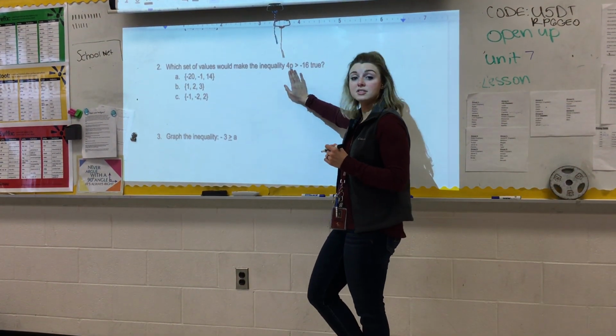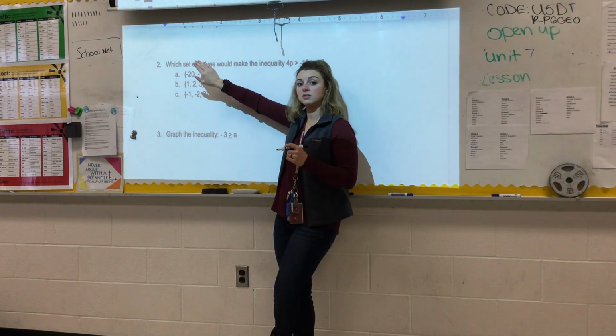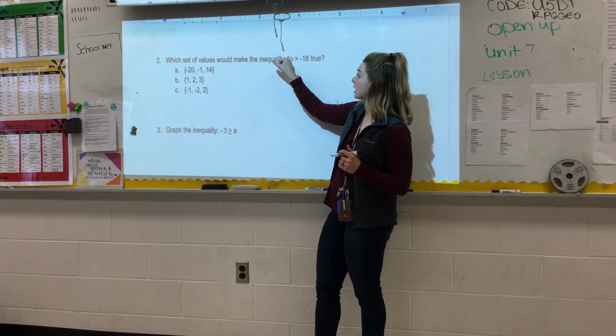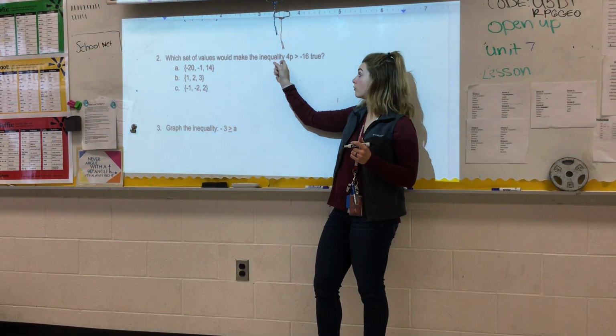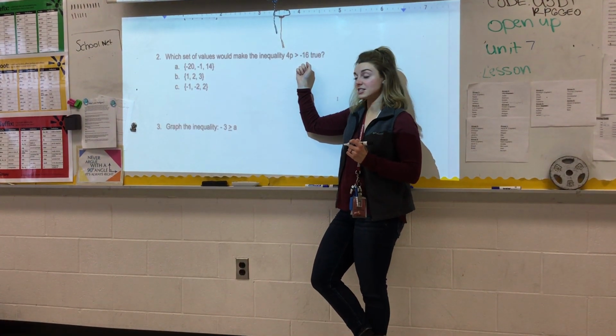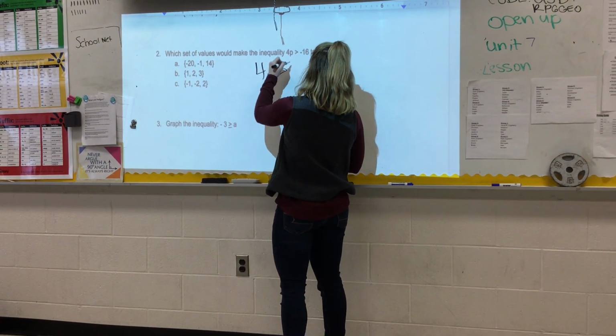The next one is going to have the same idea. It says, which set of values means the same thing as solution set, would make the inequality 4p, remember 4 is that coefficient again, so 4 times p greater than negative 16. So I'm just going to go ahead and write it a little bit bigger here.